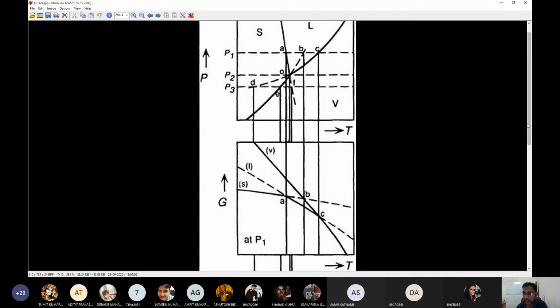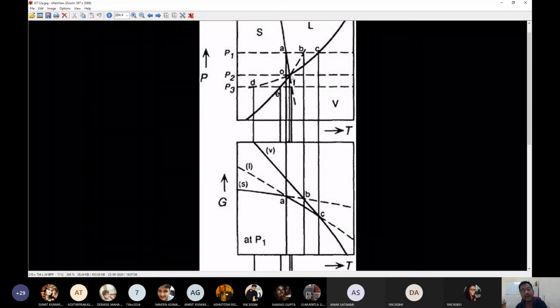I cannot show it right now along with the main diagram, but see what the features of this main diagram are at P2. At P2, from this point to the point TO, it's completely the solid phase. That means solid is the most stable one.